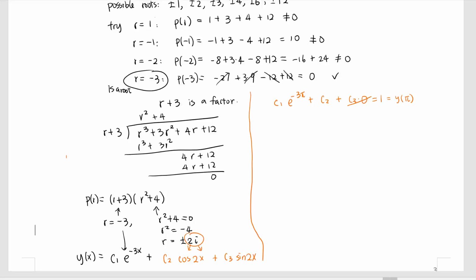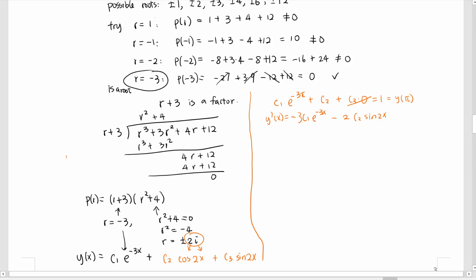To find the second equation, we actually need to take the derivative. The derivative of e to the minus 3x is minus 3 e to the negative 3x. And the derivative of cosine is minus sine. So we have negative 2 C2 sine 2x. The derivative of sine is cosine.